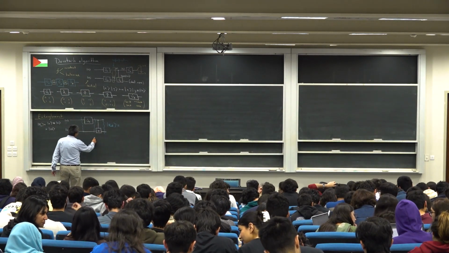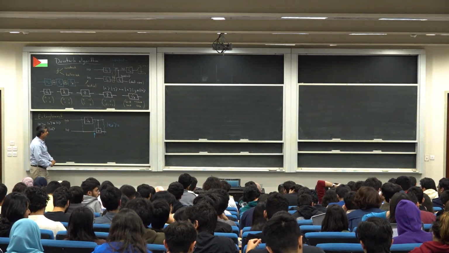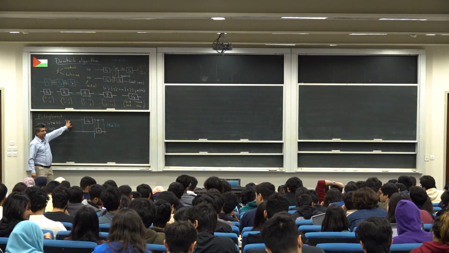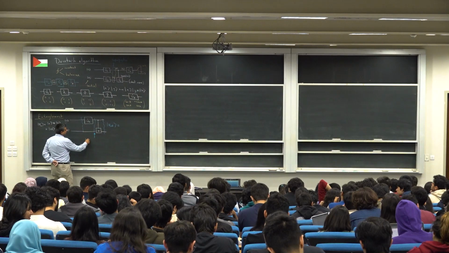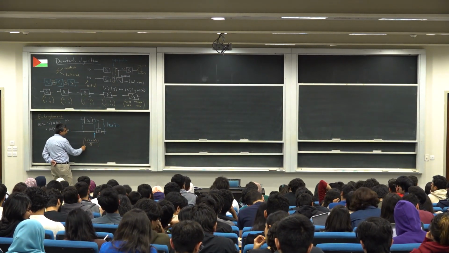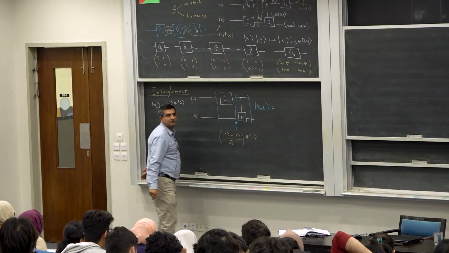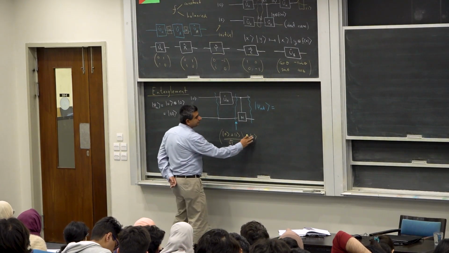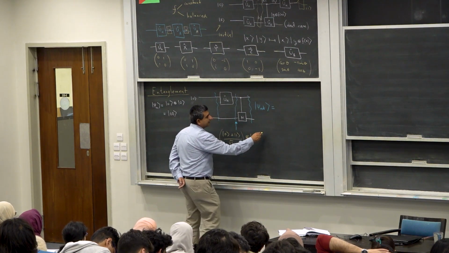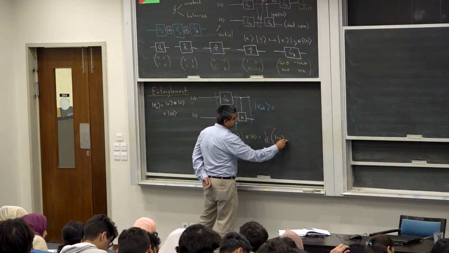So what's the state over here? You just create a superposition out of this. So you have ket 0 plus ket 1, this is the first qubit, the second qubit is still ket 0. So this is 1 over root 2, ket 00 plus ket 10.